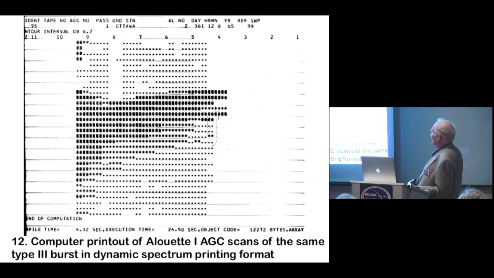But I always liked the dynamic spectrum representation. So I tricked the printer into, instead of printing a number, printing this one horizontal trace, the 18-second horizontal trace of the satellite, over and over again until it produced a black spot.